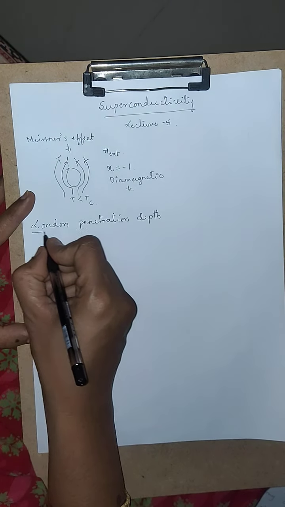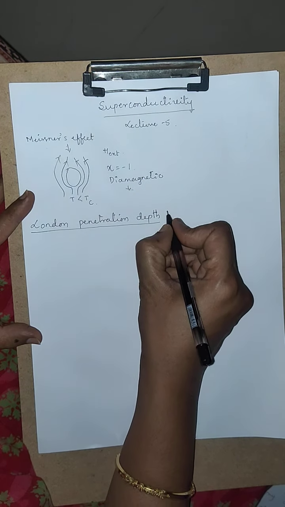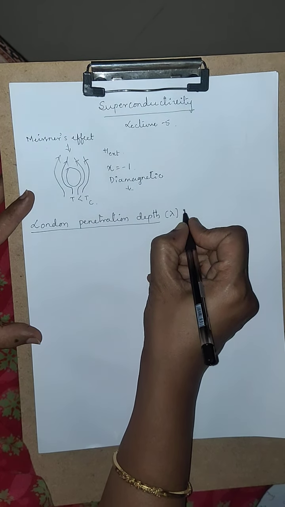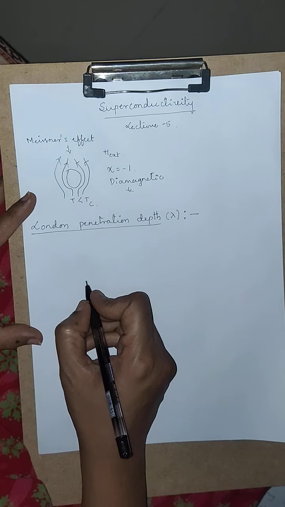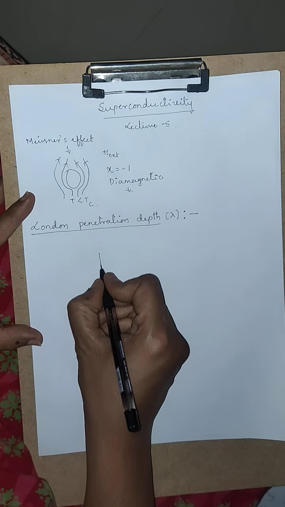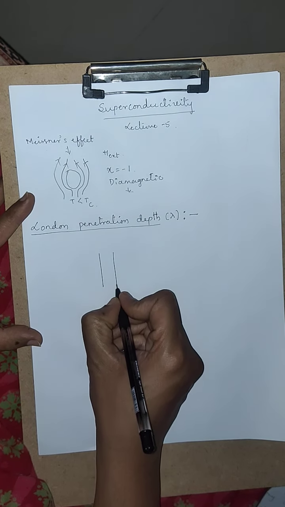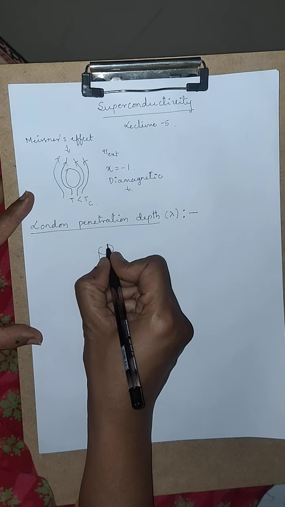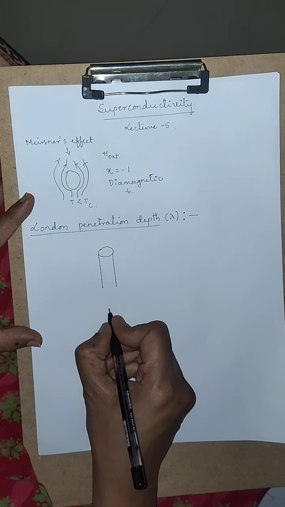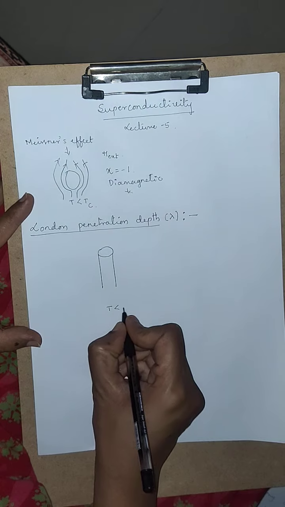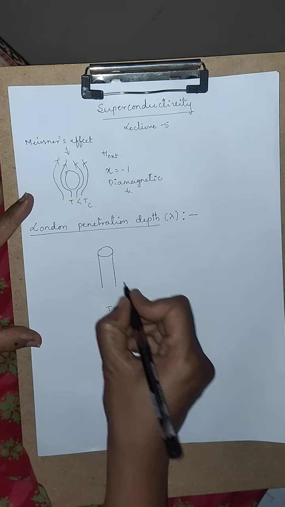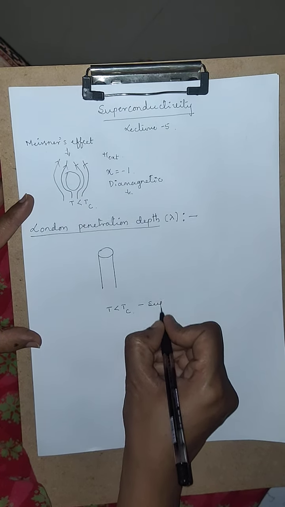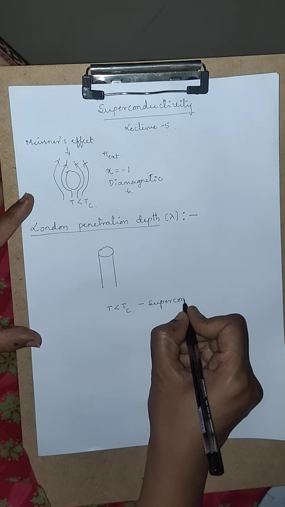London penetration depth is denoted by the letter lambda. Let us consider a superconducting material which is held at a temperature lower than the critical temperature. Hence, the material is in its superconducting state.